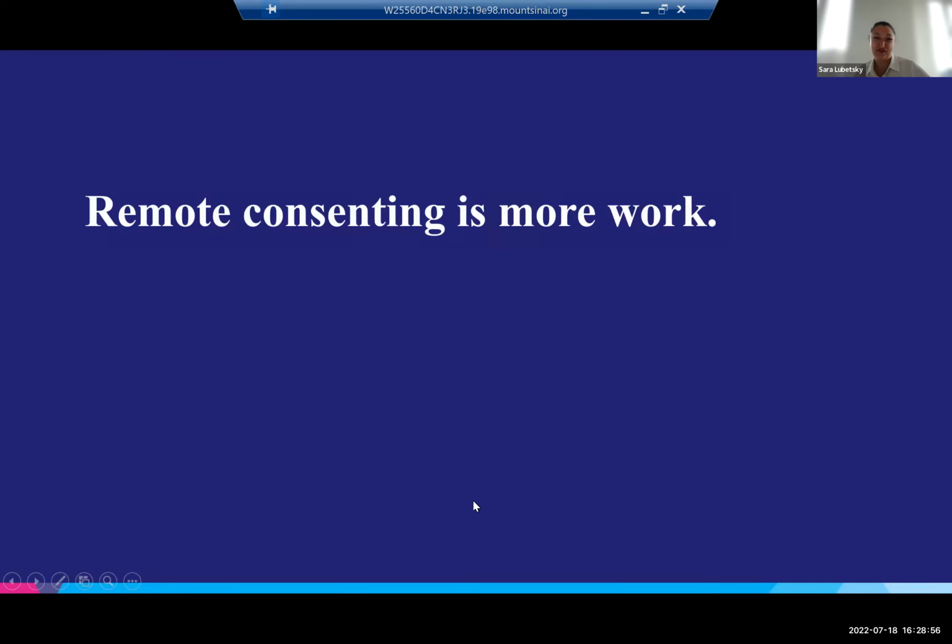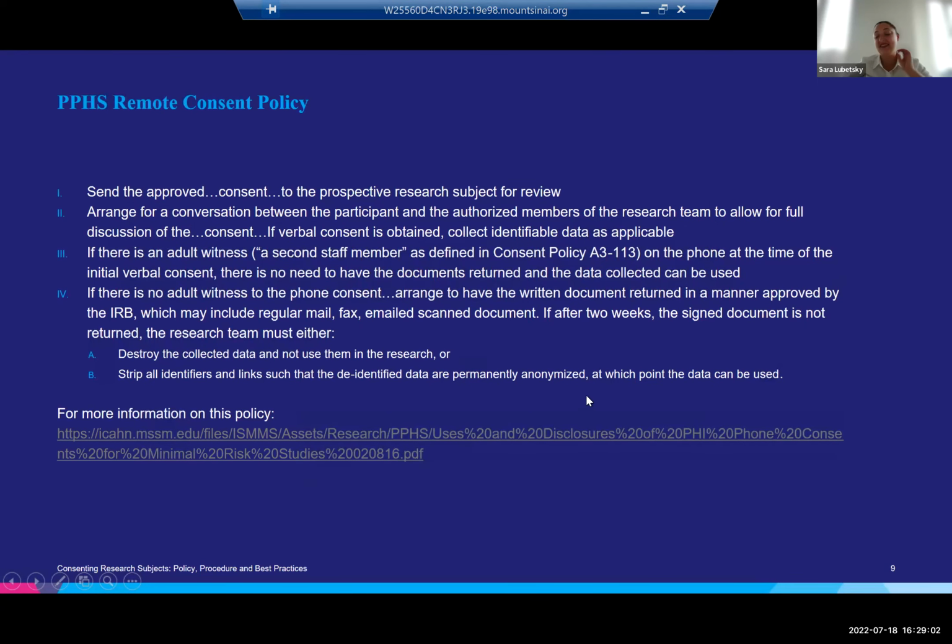So without further ado, remote consenting is more work. This is the Mount Sinai IRB's remote consent policy, or some language taken directly from it. But it gives us a general idea of what we're supposed to do when we are consenting someone remotely.